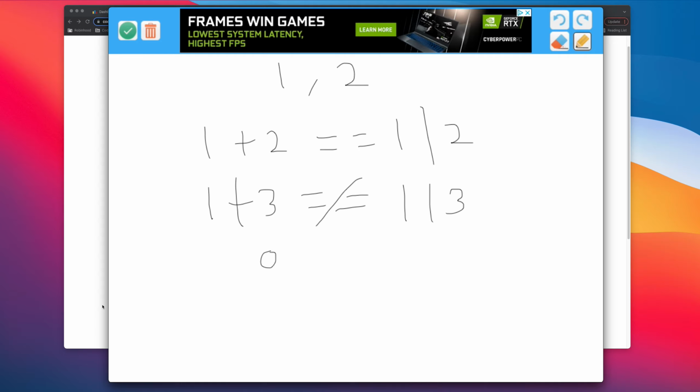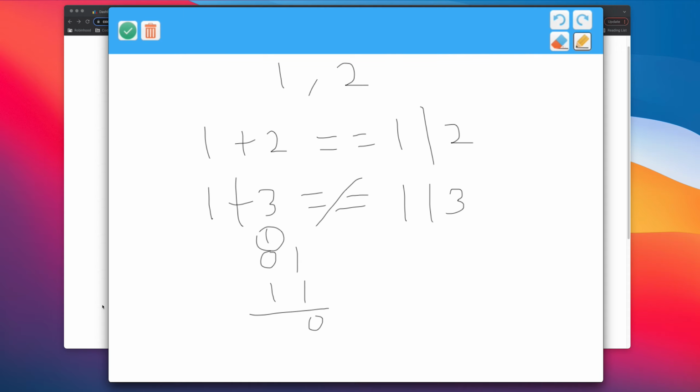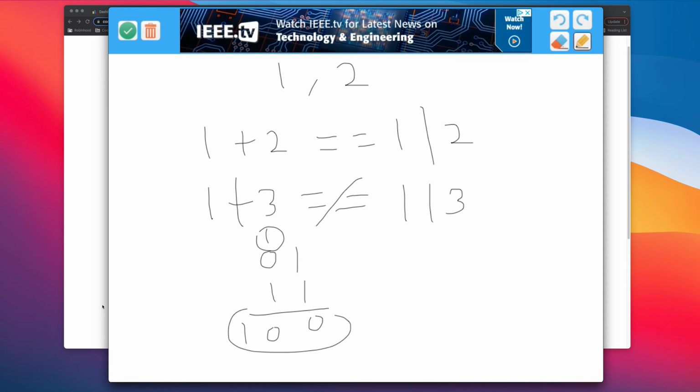If you see 0 1 and 1 1, the bitwise sum will become 1 0 0, so this is 4.